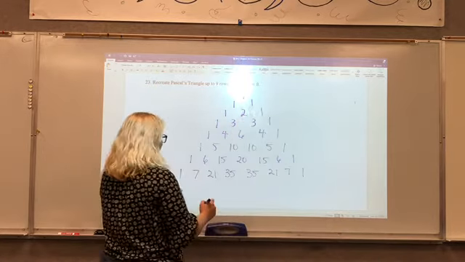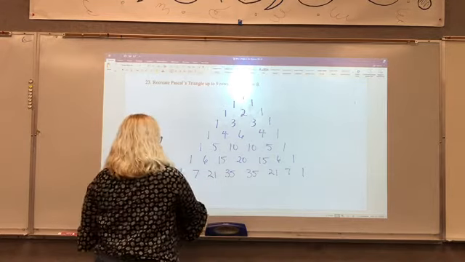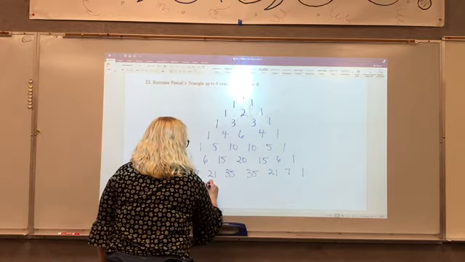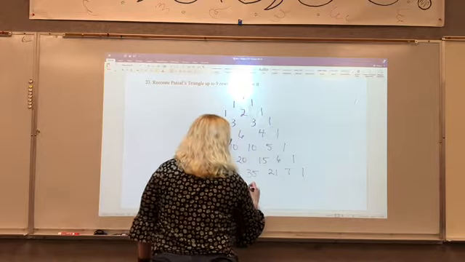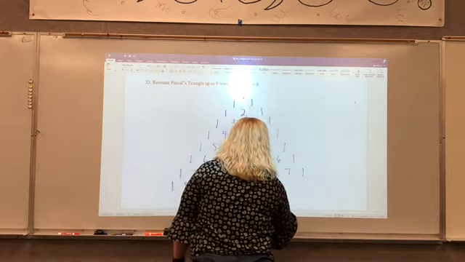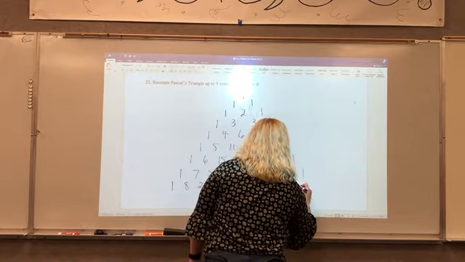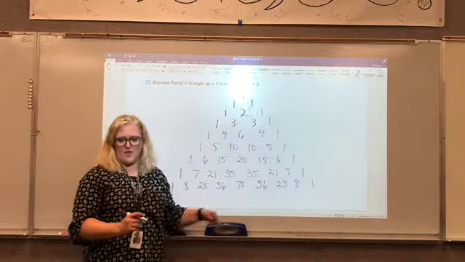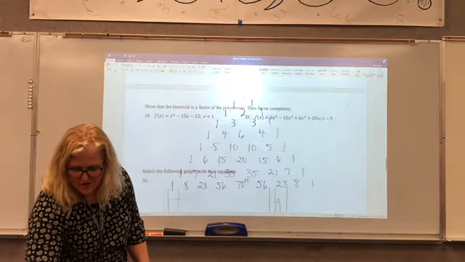And finally, my 8th row, well, it's kind of my 9th row, but when n is 8, I have 1, 8, 28, 56, 70, 56, 28, 8, and 1. Okay, so that's the answer to that problem. Hopefully that one wasn't too hard.